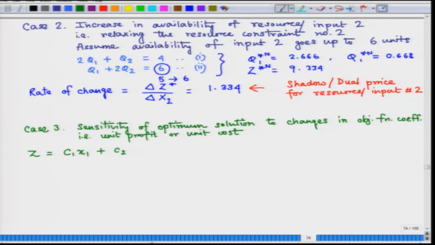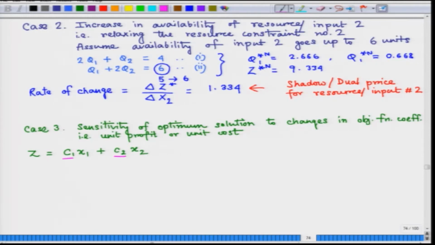So, here in the sensitivity analysis we can also change the values of C1 and C2 to see what impact it will have on the solution of the LP problem.